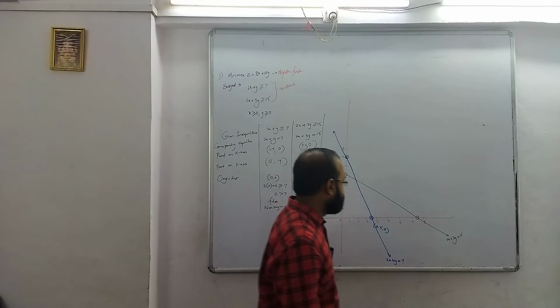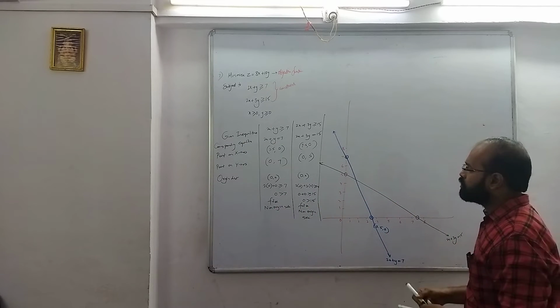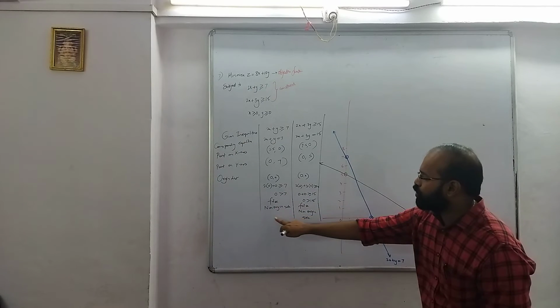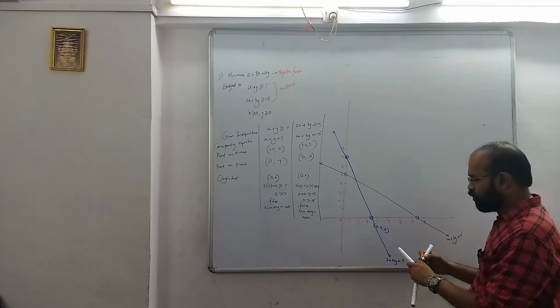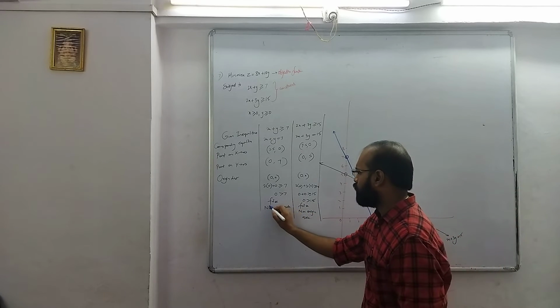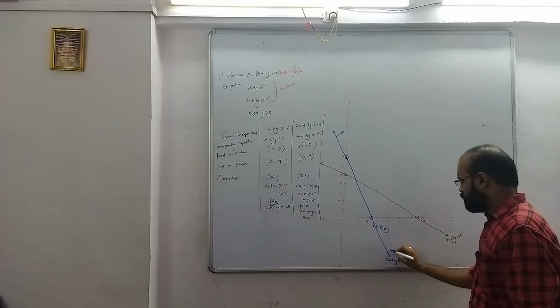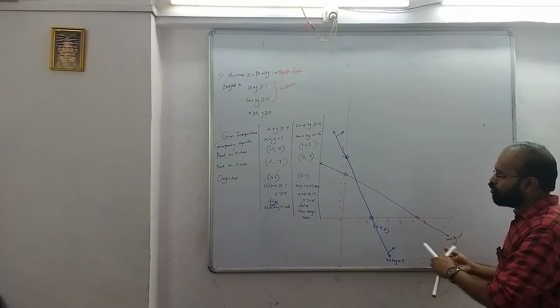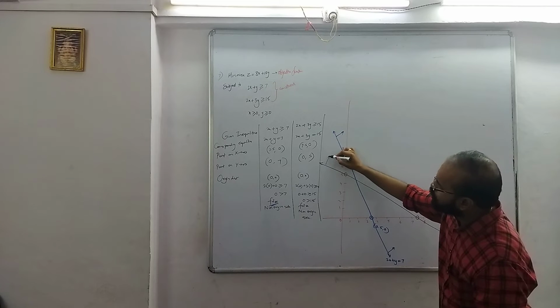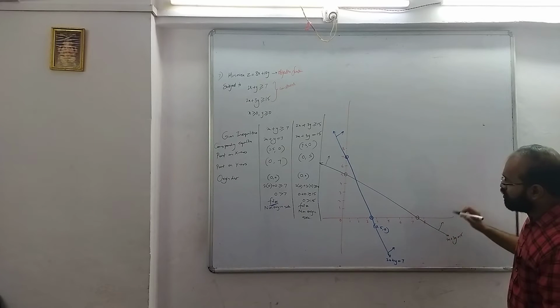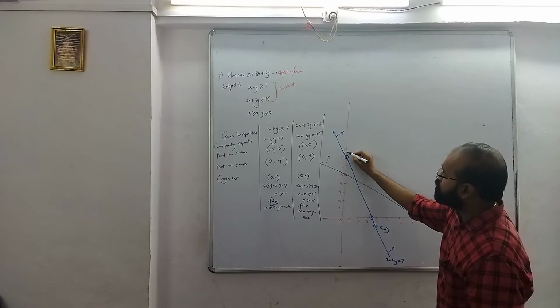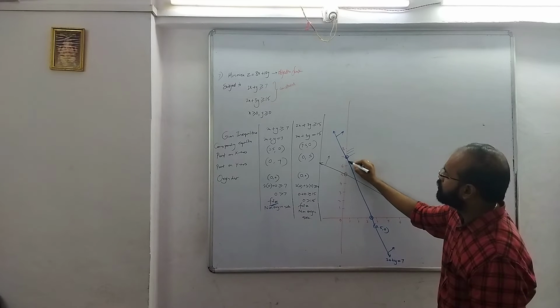Now let's see how to plot this over here. What we see over here is this blue line. This is the blue one. So it will go away from the origin, and the black one will also go away from the origin. So if I try to draw, the feasible region will look something like this.